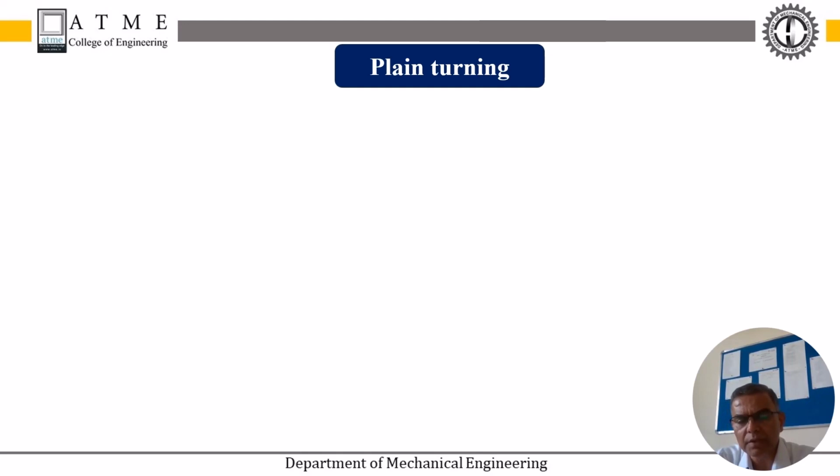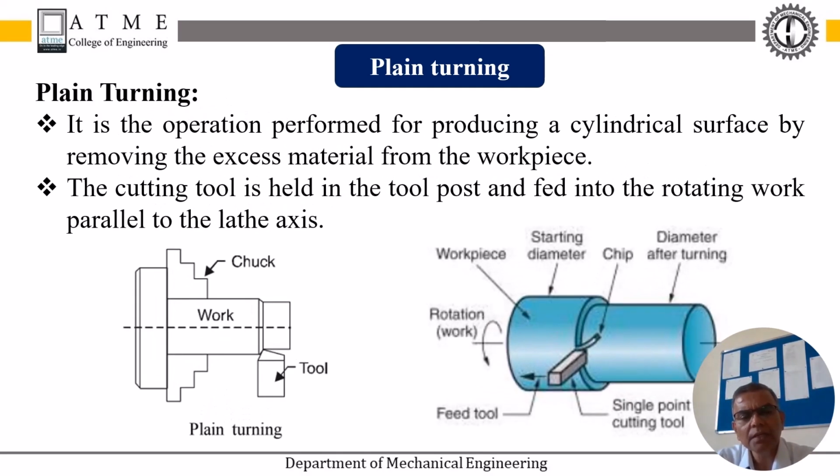Again in the plane turning operation we can find the rough turning operation as well as the finish turning operation. Again the appropriate single point cutting tool is chosen to go for the plane turning operation, right? So here you can see the schematic diagram as well as the three-dimensional view of the diagram you are observing here for the plane turning operation.